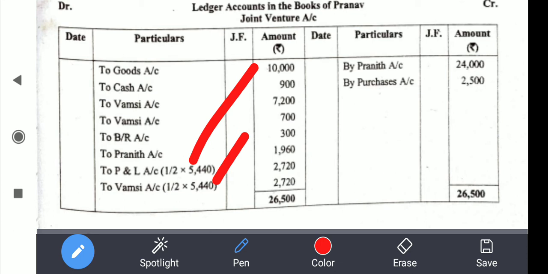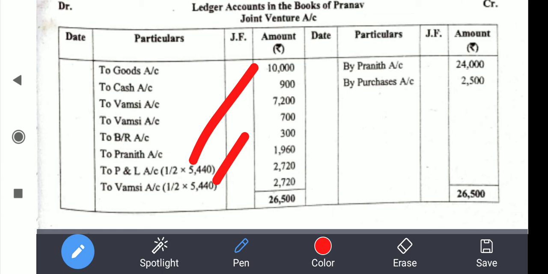So here, Vamshi's point of view. Vamshi supplied the goods. Vamshi paid the expenses. Then the profit amount is also distributed to Vamshi. But from the debit side point of view, in the books of Vamshi, we have to write one thing: cash received.